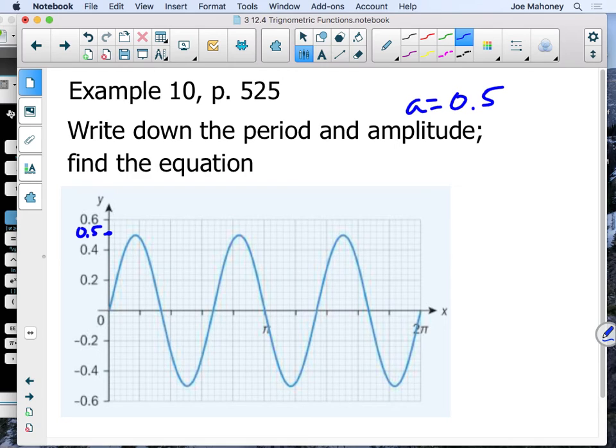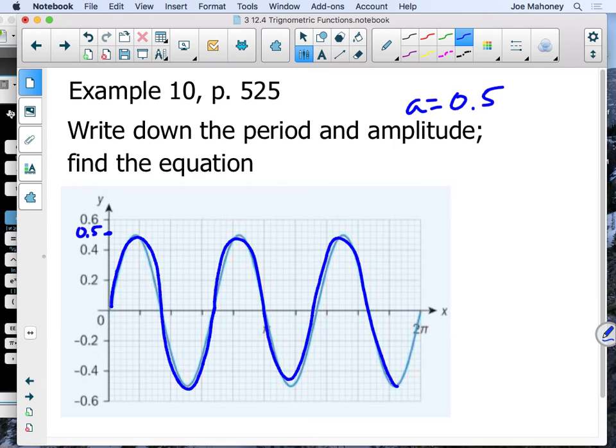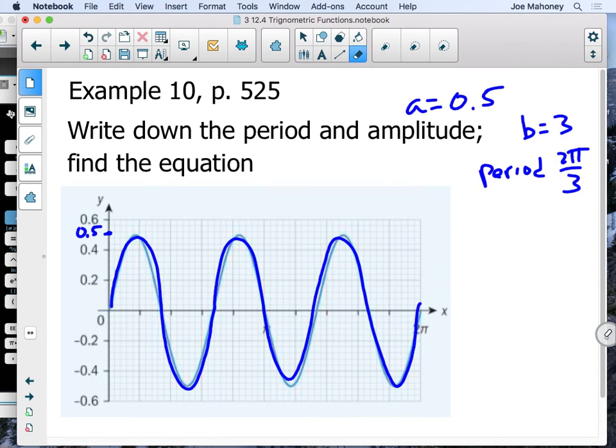It looks like from 0 to 2 pi, I see 1, 2, 3 cycles. So I know my b value is 3. So that means the period is 2 pi over 3. Remember, we always divide 2 pi by our b value to get the period of the function. And again, we recognize it's a sine graph because it's starting at 0.